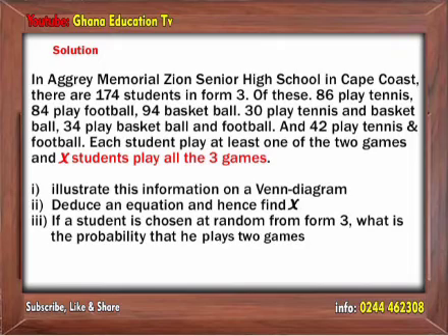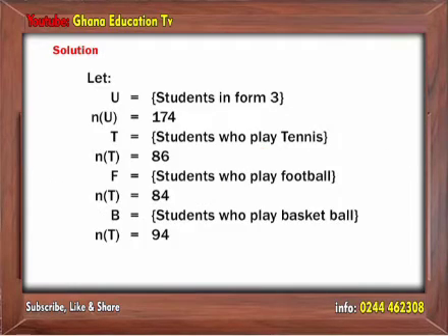Per the question, I says illustrate the information on the Venn diagram. So remember, you have to rewrite the information in mathematical expression. So now, in expression, we have, let U equals number of students in Form 3. So N of U equals 174.